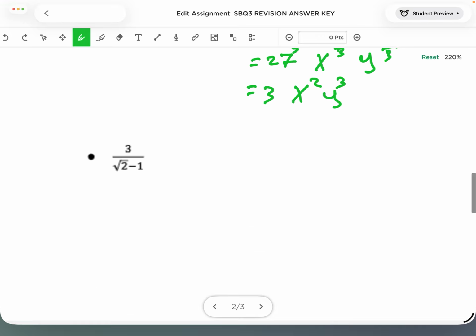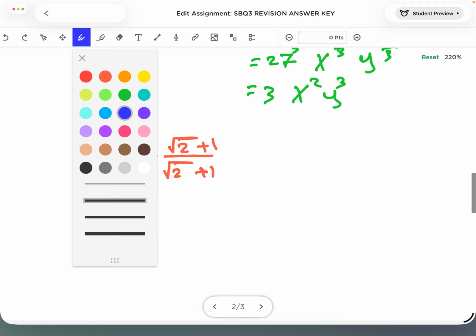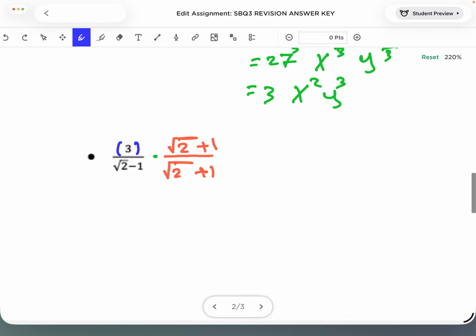Simplify this one. The first step, I have to multiply by the conjugate of the denominator. And this step is very important. Then I will multiply the top with each other and the bottom with each other. 3 times radical 2 will be 3 radical 2. 3 times 1 is 3, over radical 2 times radical 2 is 2.